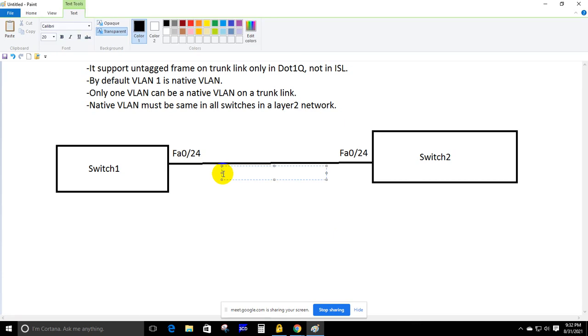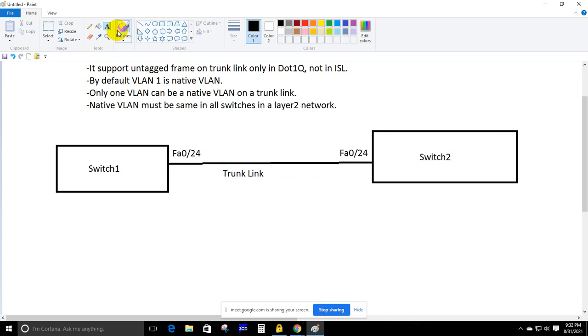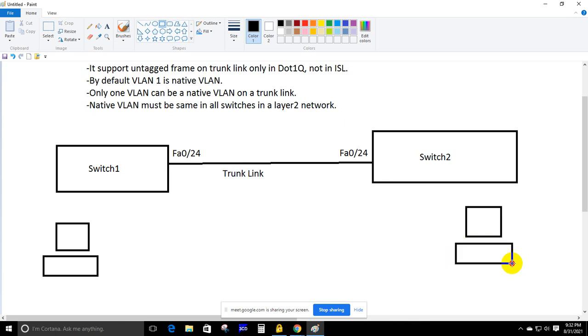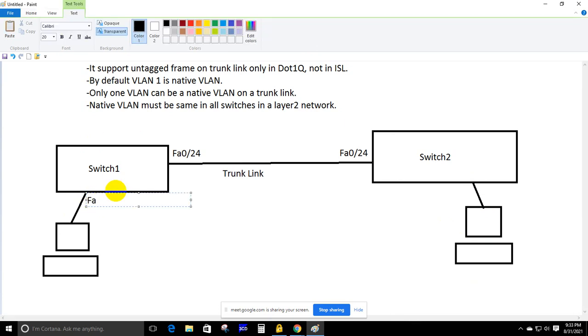So this link is a trunk link. Clear? Suppose we have a user in switch 1 and another user in switch 2, on FastEthernet 0/10 and FastEthernet 0/20. Both users belong to VLAN 10.